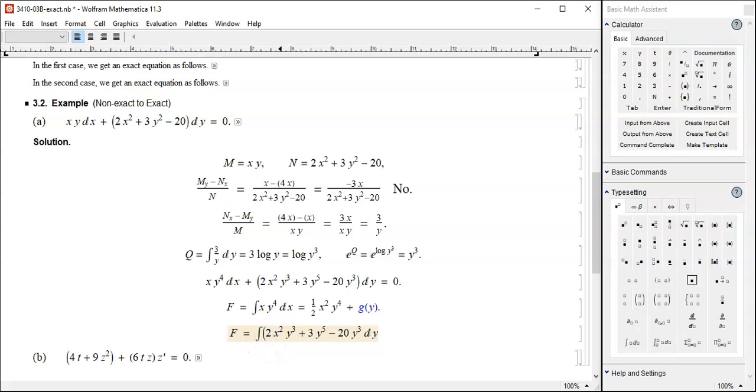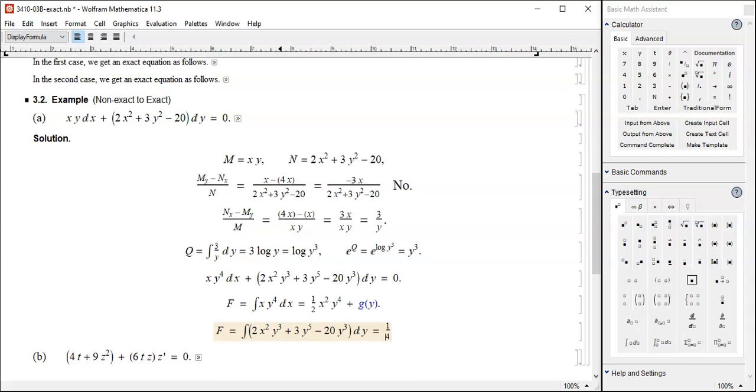Oops, I need parentheses. That gives 1/2 x squared y to the 4th power plus 3/6, so 1/2 y to the 6th power, minus 24, so 5y to the 4th power, plus h of x.